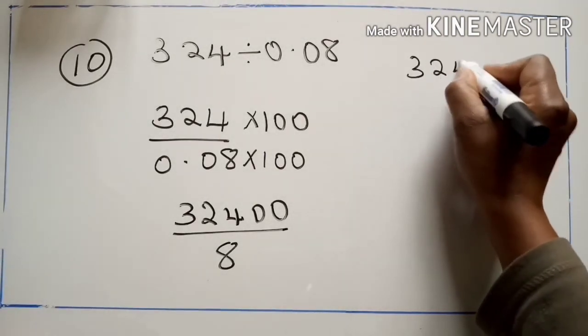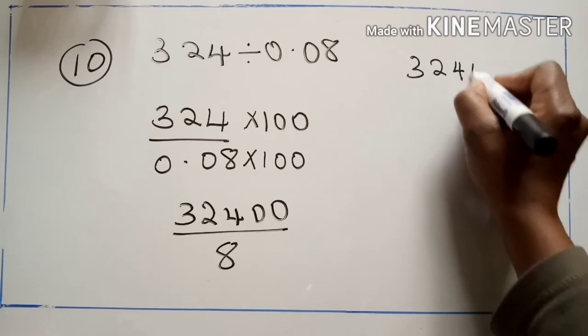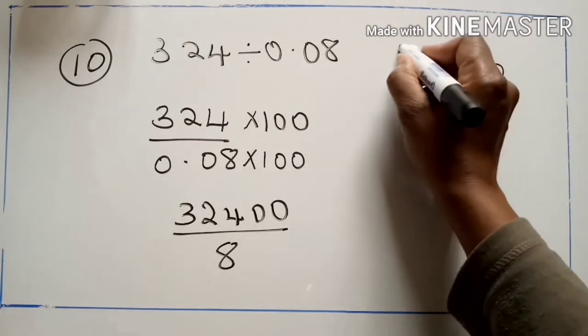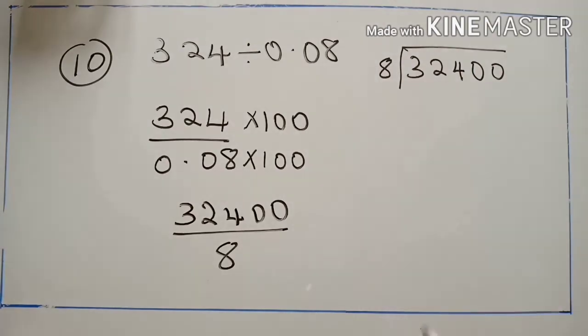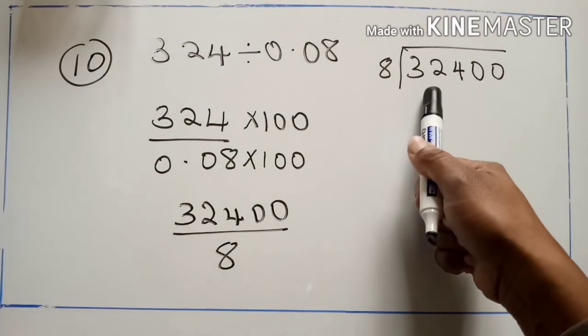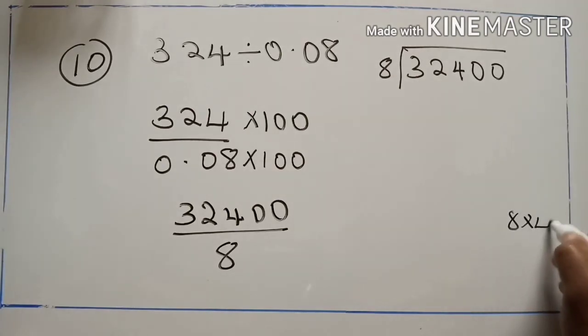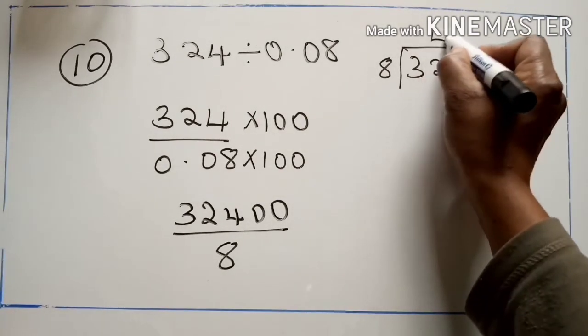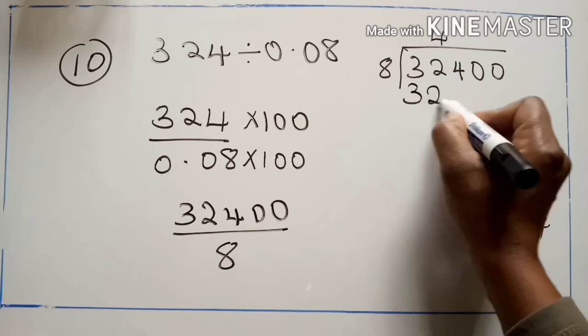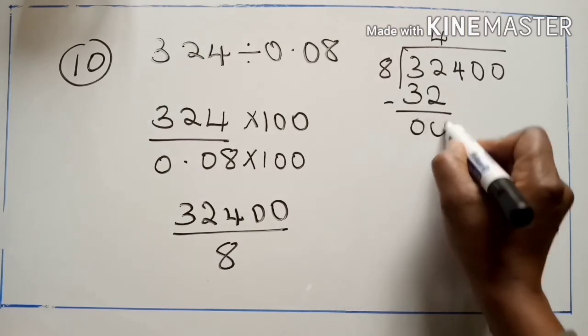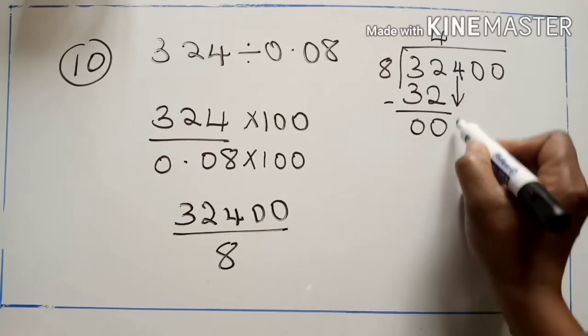3, 2, 4, 0 divided by 8. So how many 8s will go into 32? You could say 8 times 4 is 32. So 4 because of 32. Subtract that, we have 0. Drop your 4.